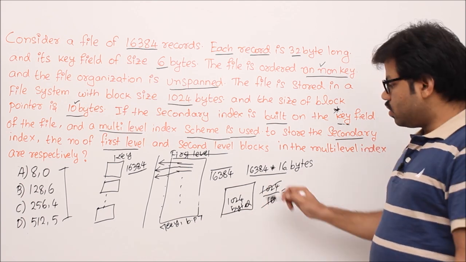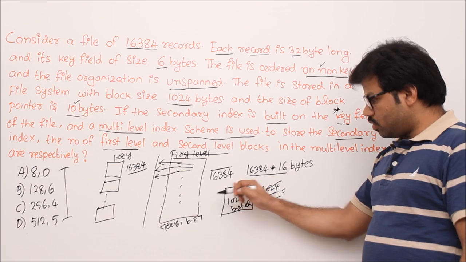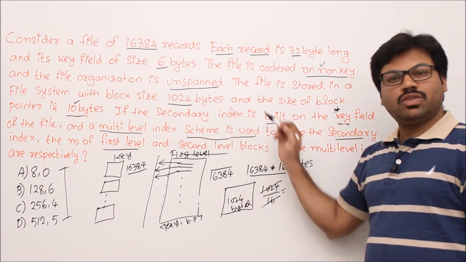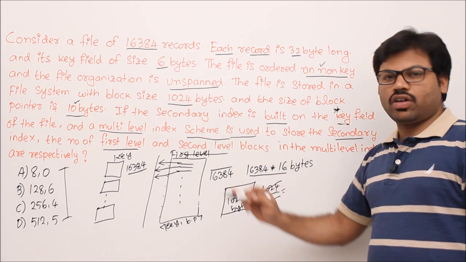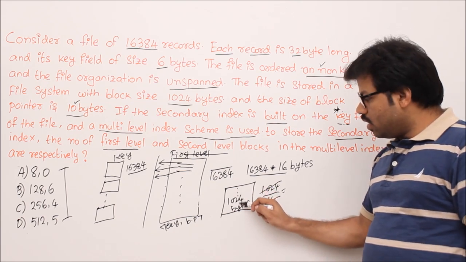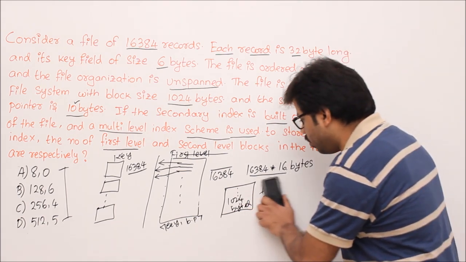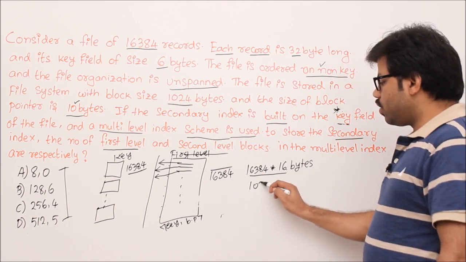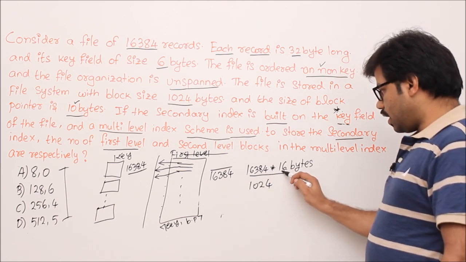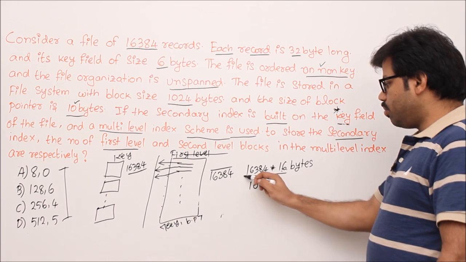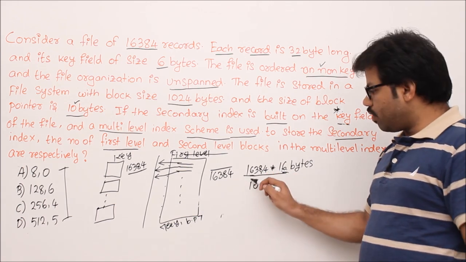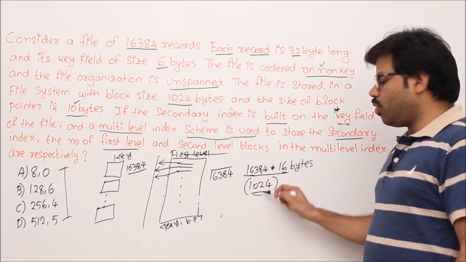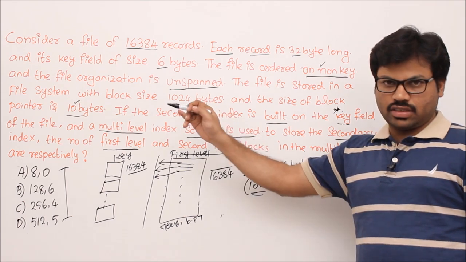That means whether it is spanned or unspanned organization, the effective block size is the same. You are utilizing the total block. If you utilize the total block, then how many blocks are required to store this file? 16,384 times 16, simply divided by the block size.